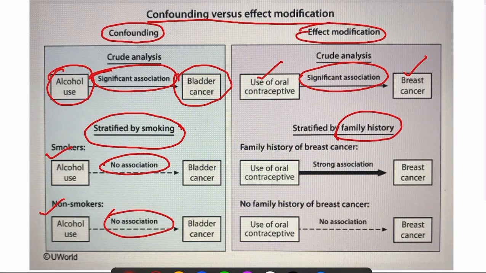Among the participants with a positive family history of breast cancer, the use of oral contraceptive shows a strong association, whereas the no family history group doesn't have any association. This type of differential result among the stratified analysis means that the exposure and the outcome have an effect modification by the family history.